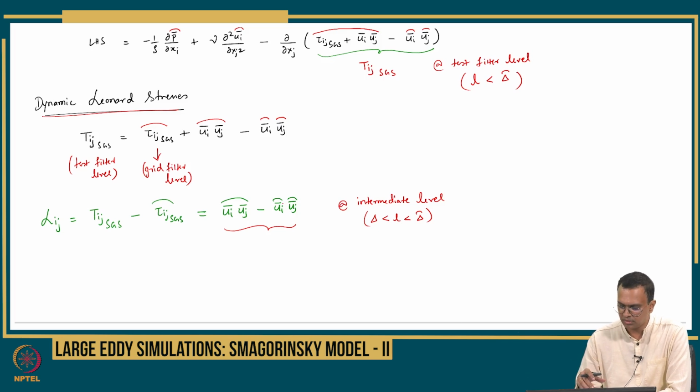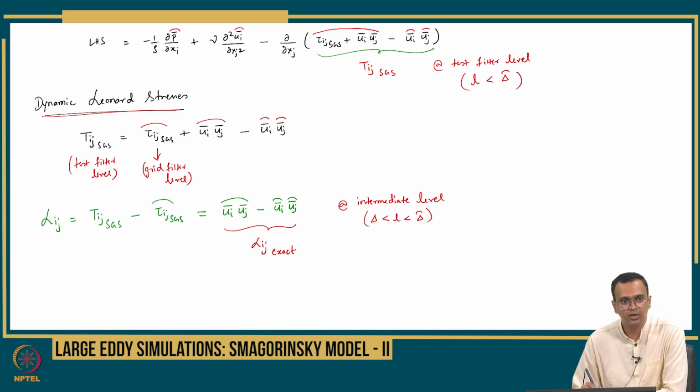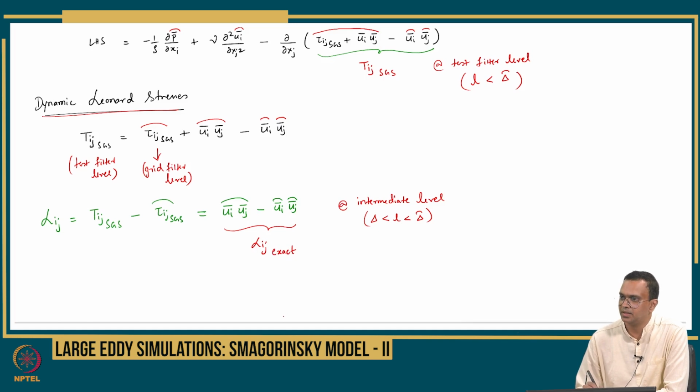So UI bar is available to you. You just need to do one test filtering operation at a filter size twice that of your grid filter size. So Lij is available to you, and this is exact. You don't need to model this, right? You have an exact term. You can compute this easily, right?